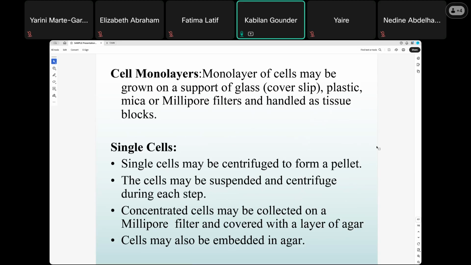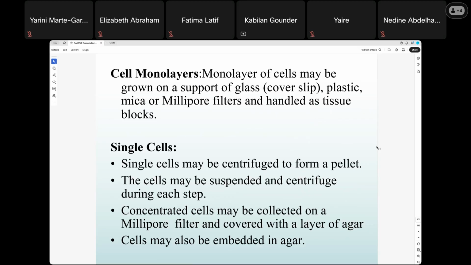Also, sometimes what we do is we have Petri plates, and we pour the agar, the media agar, like 1% or 2.5%. Once it is solidified, we take a monolayer, or bacteria or fungus spores, and drop one or two drops on the surface of the agar, and it will be absorbed.